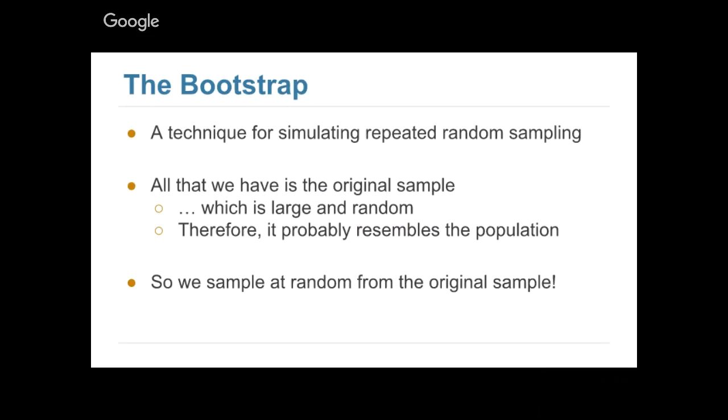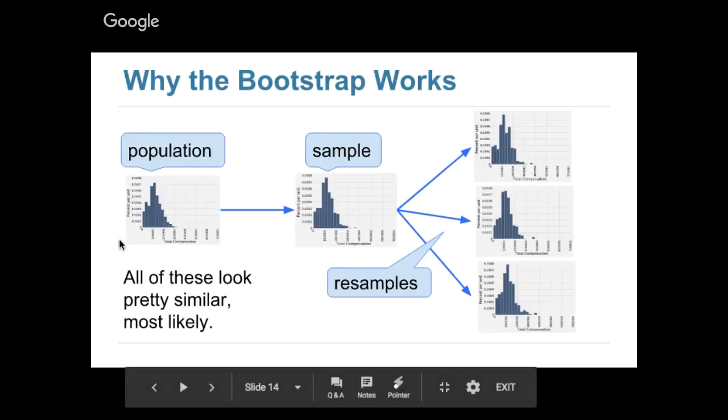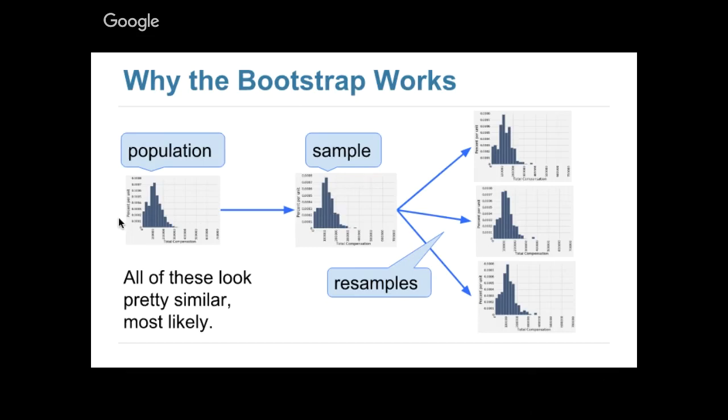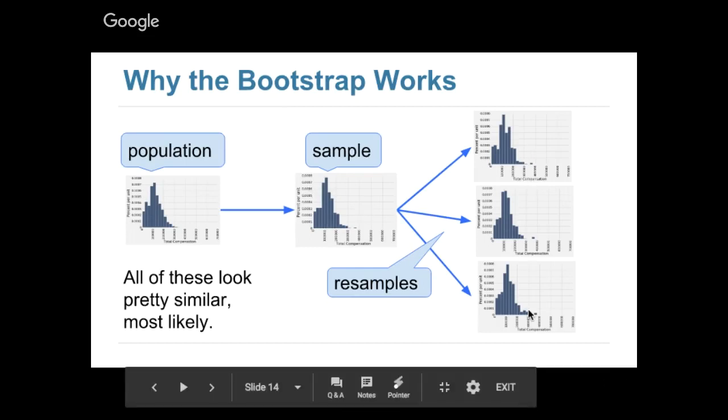So I see the skepticism. Here the idea is, if you have a population, and we have a sample from the population, but we only have one sample, what we can do is say, okay, I'll pretend that my sample is the population. Then I'm going to sample with replacement from my one sample to get more samples.